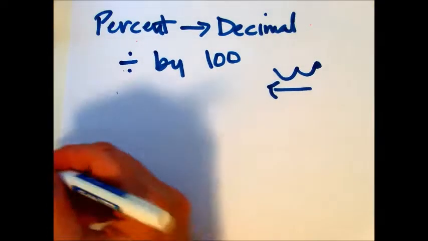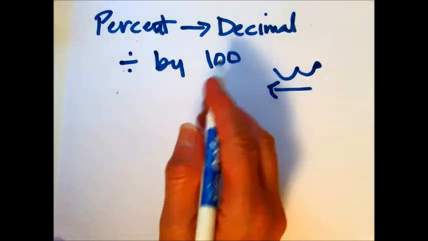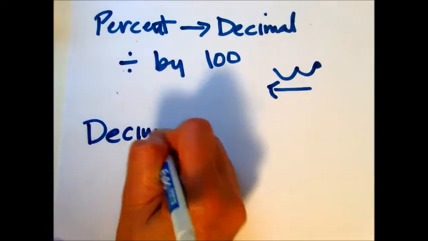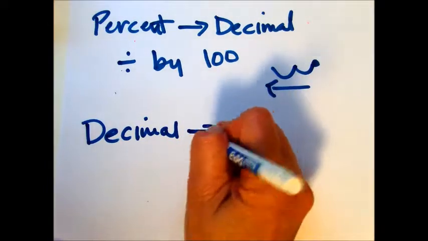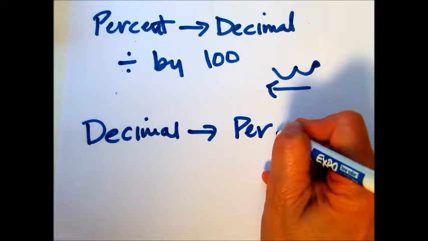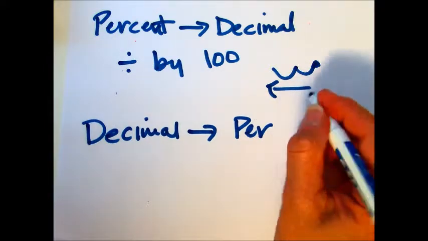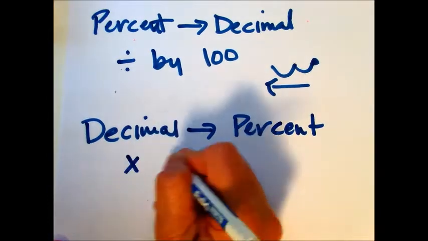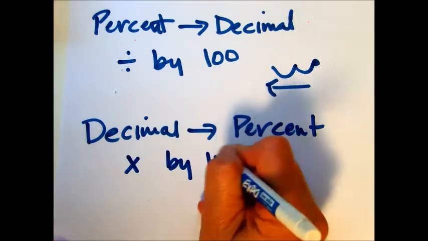Now, when we're going the opposite, going from a decimal to a percent, we're going to do the opposite or the inverse operation, which is going to be multiplication. So we're going to multiply by 100.